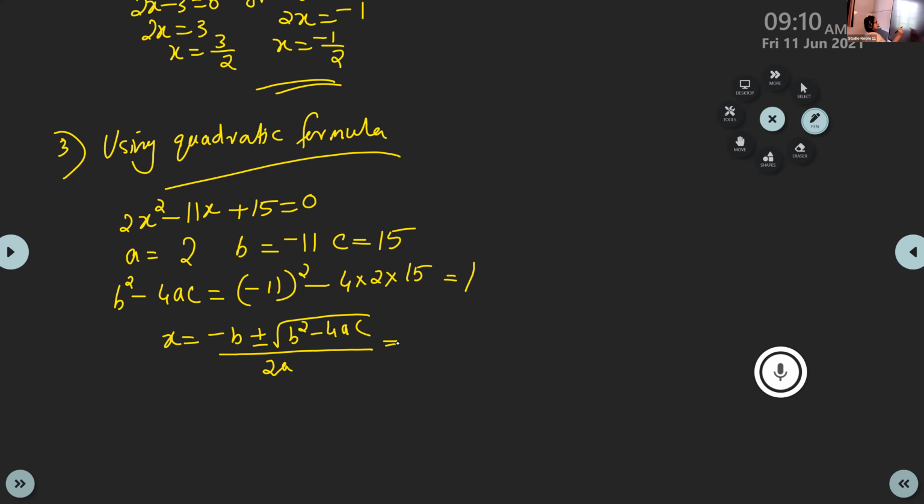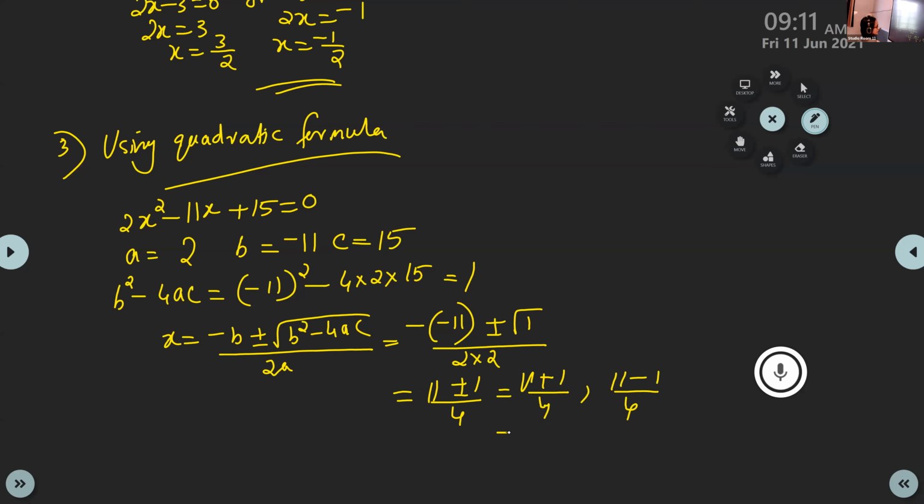Now substitute minus b, that is minus 11. B is minus 11, so plus 11 will come. Minus b plus or minus root 1, divided by 2 into 2. So it is 11 plus or minus 1 by 4, which is 11 plus 1 by 4 and 11 minus 1 by 4.